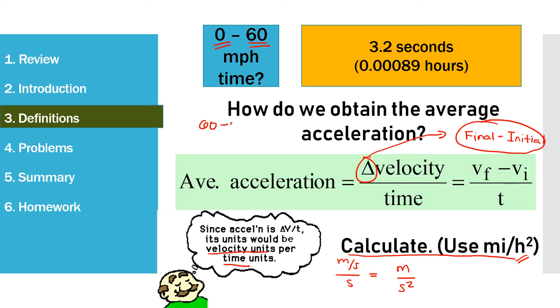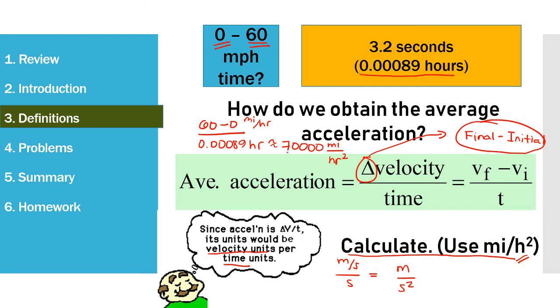So we'll just put it like that. And your time, 3.2 seconds, I already converted it to hours, 0.00089 hours. And if you were to divide that, this is miles per hour, by the way, you would actually get a very high value of around 70,000 miles per hour squared. It's pretty high, I'm going to say that.